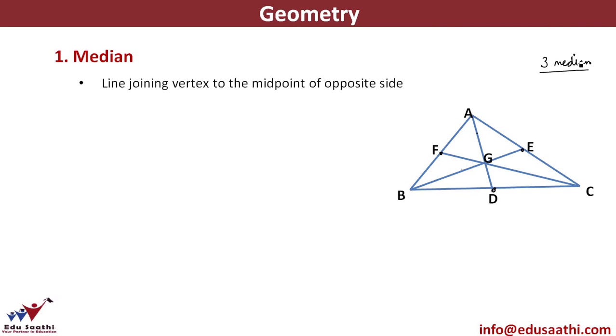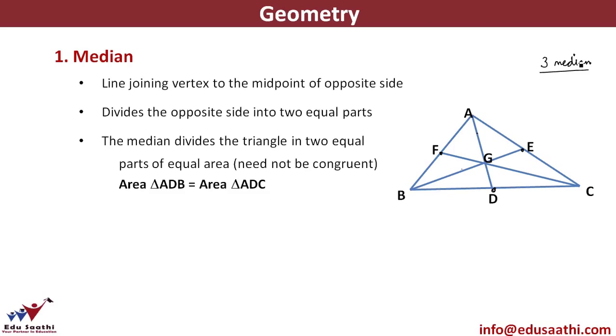So if I look at it, it divides the opposite side into two equal parts. The base is divided into two equal parts. A median always bisects the base. Therefore, an important thing to notice, a median divides the triangle into two triangles of equal area.